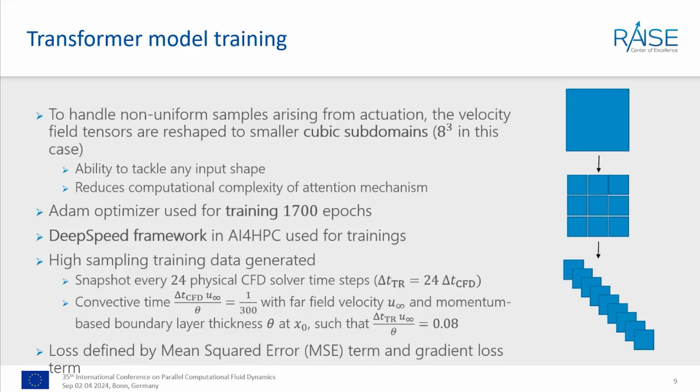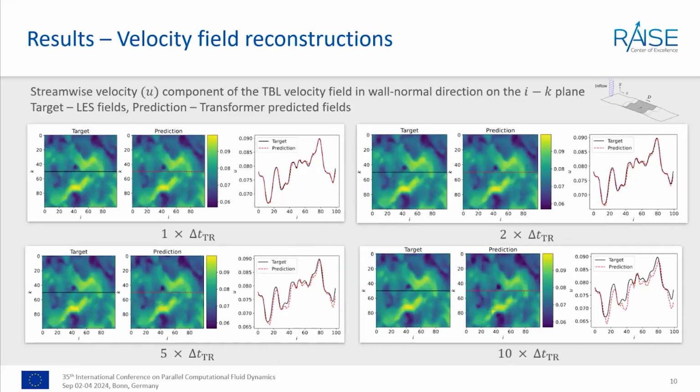So a transformer time step would be defined by 24 times the delta T of the CFD case. To give you an idea of the convective time, the transformer time step would be approximately 8% of the boundary layer thickness. The loss, shown here in the inset, is defined by the mean squared error and the gradient loss.